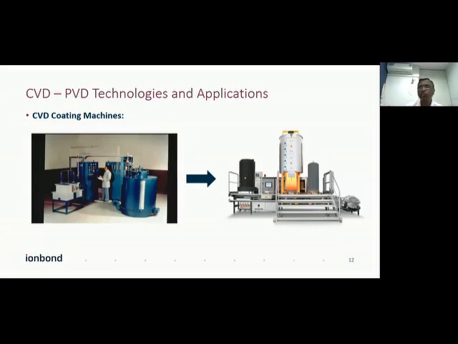Now there is another development. Instead of 1050 degrees centigrade, with the development this temperature has been reduced, and now we have started doing CVD coatings at a relatively lower temperature of around 550 to 650 degrees centigrade.